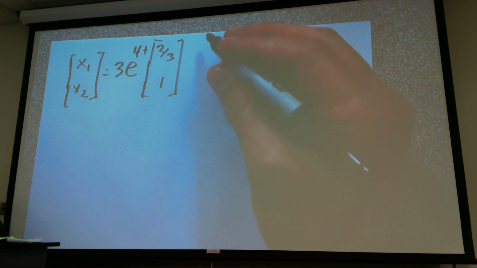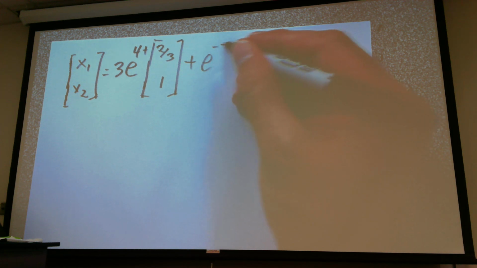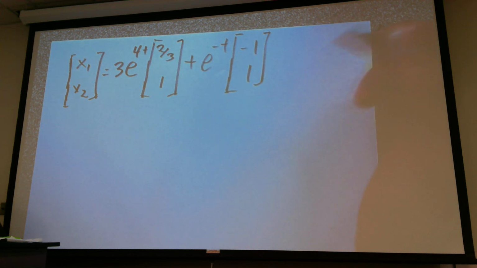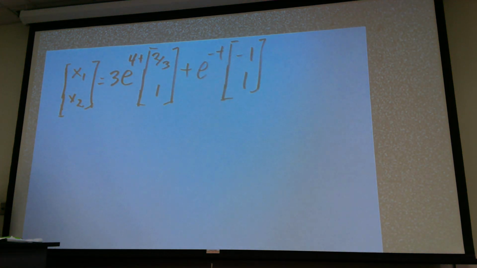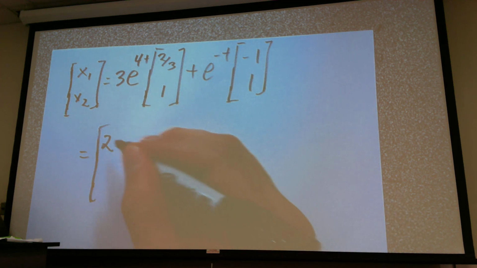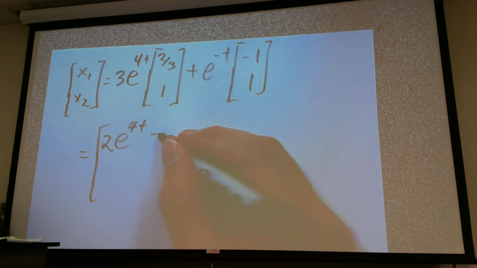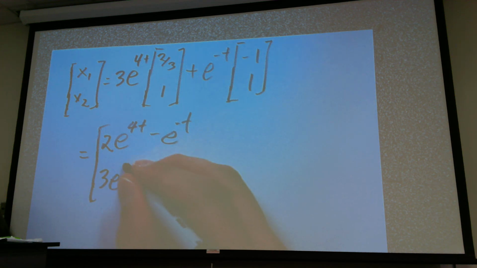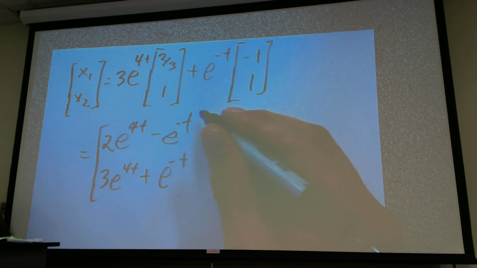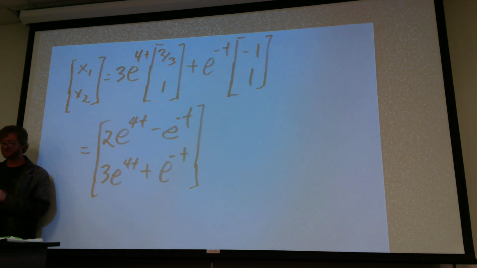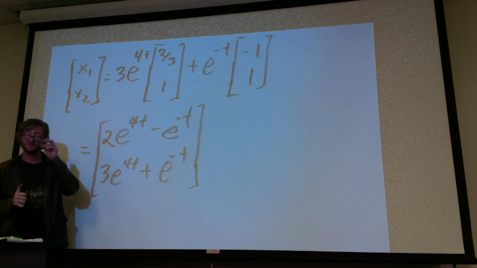And then my second one was just 1, so that's plus e to the minus t multiplied by negative 1 and 1. Okay. So this thing's going to come out to being 2 times e to the 4t minus e to the minus t, and 3 e to the 4t plus e to the minus t. Okay, so this is the solution that we got.